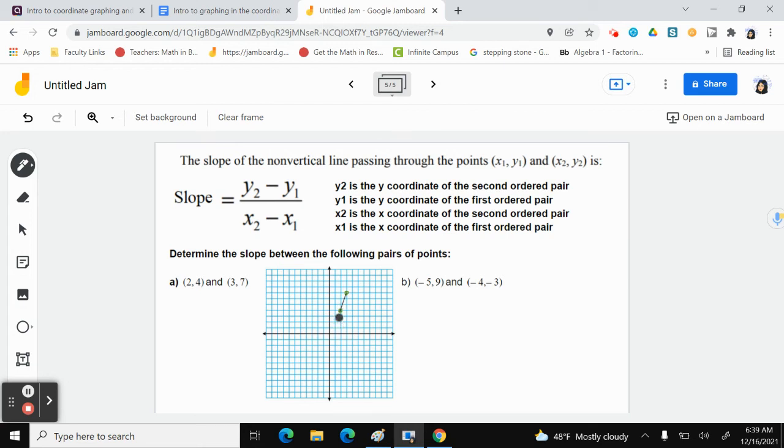to me it looks like this line is going uphill, so I would anticipate that my slope is going to be positive. Okay, now this is the formula that we use to calculate slope. Okay, these little 1s and 2s, I know they look confusing, they're just placeholders of when to use the first coordinate and when to use the second coordinate.